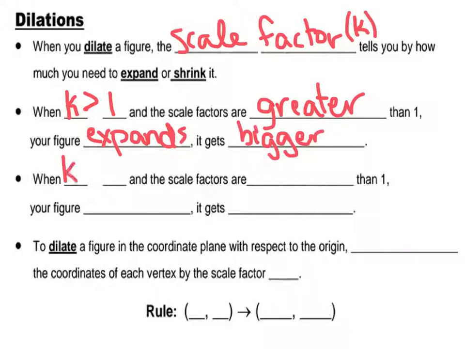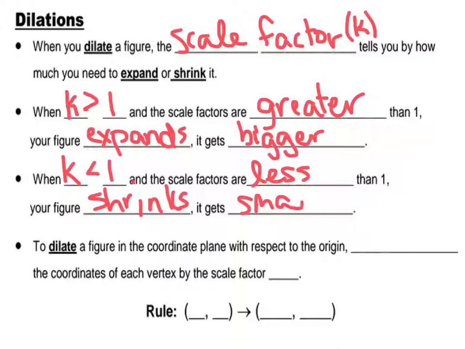When your value of k is less than 1, then your figure shrinks, and that means that it gets smaller. So values for your scale factor bigger than 1 make your shape expand, and if it's smaller than 1, it shrinks. When you dilate a figure in the coordinate plane with respect to the origin, you multiply the coordinates of each vertex by the scale factor k.